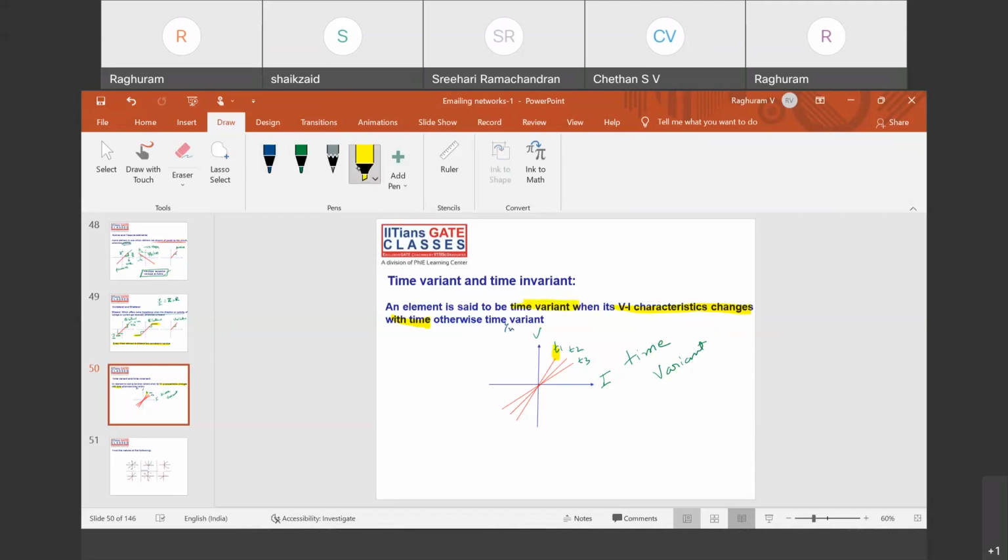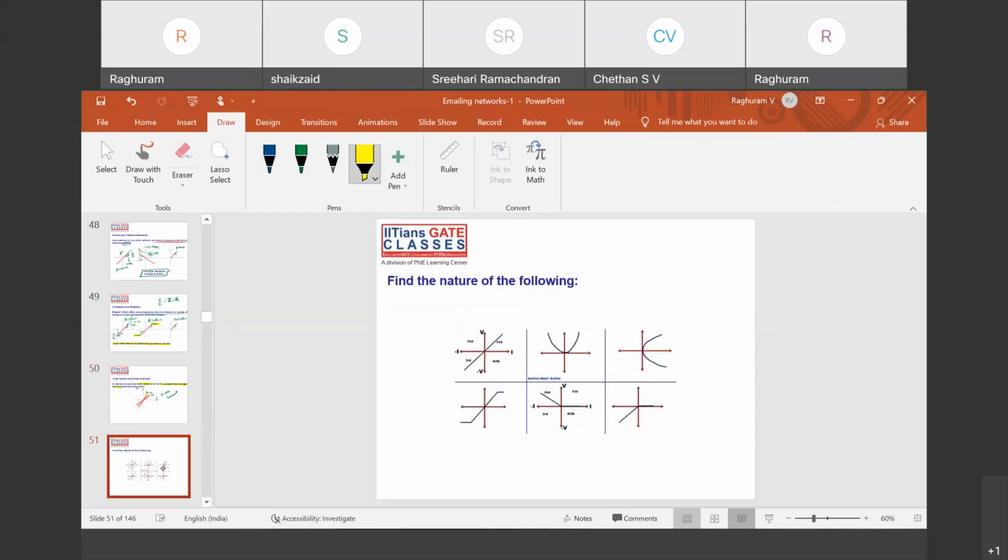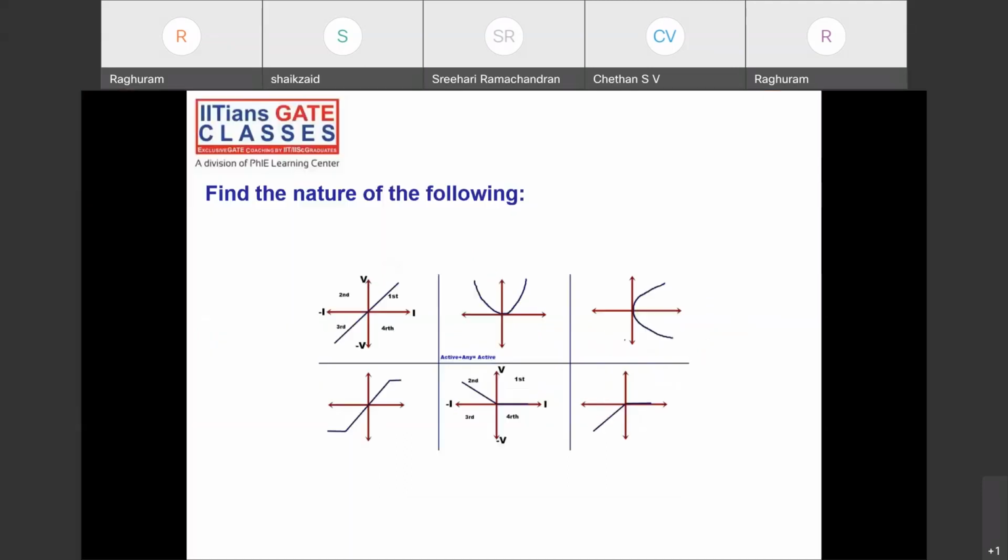Clear, right? It's said to be time variant when its VI characteristics changes with time, otherwise time invariant. See this. Tell me the nature of the following.